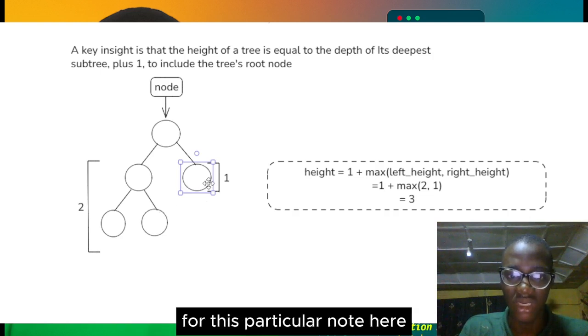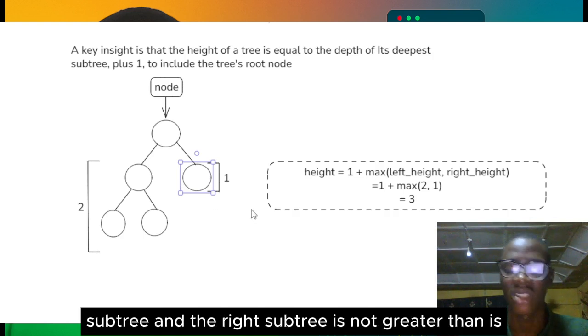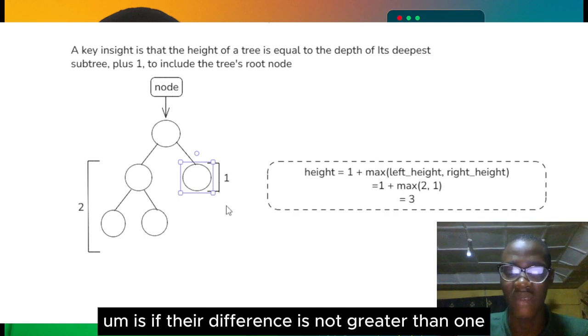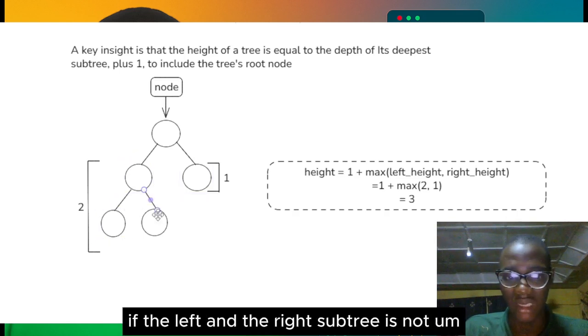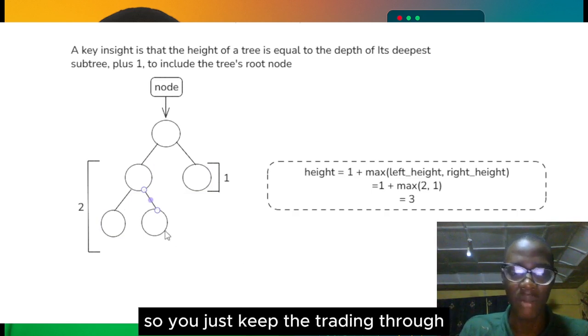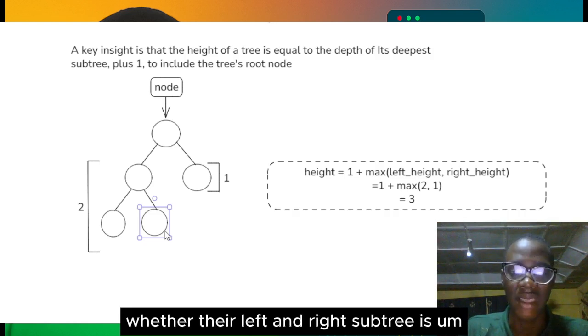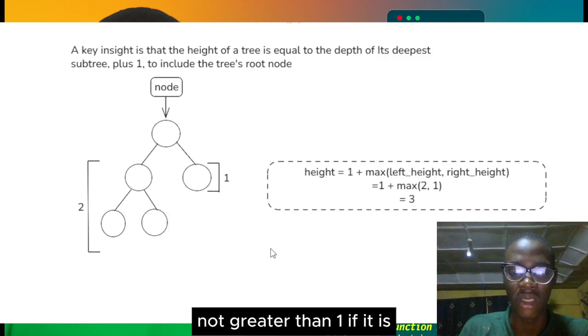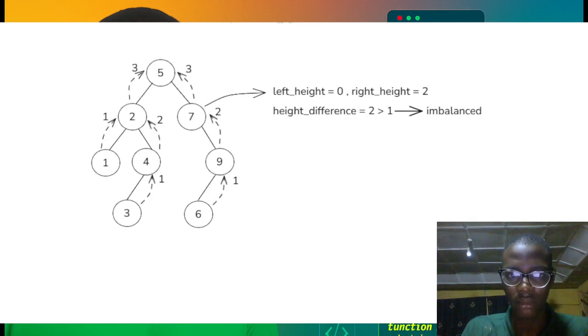For this particular node here, it is balanced if the difference between the left subtree and the right subtree is not greater than 1. Similar thing applies to this one. So we just keep iterating through each node in the tree and try to confirm whether the difference between their left and right subtree is not greater than 1. If it is greater than 1, definitely it is not balanced, but if it is not, it is balanced.